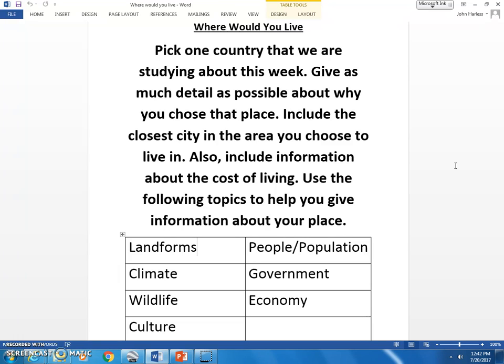And use the information below: landforms, climate, wildlife, culture, people, government, and the economy. So, use this information. Use Google or Bing. Use Google Earth. Find where you would like to live and do a little research and see what you come up with. Y'all work hard, and we'll try to have this done by the end of class.